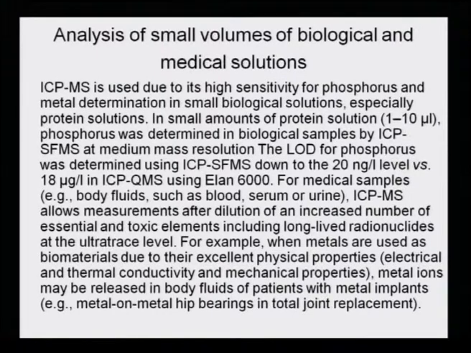Metal ions may be released in body fluids of patients with metal implants, that is metal on metal hip bearings in total joint replacement. So, what happens is that it is not necessarily the metal has come from any exterior source. It could also be that metal has been introduced as a hip joint replacement.